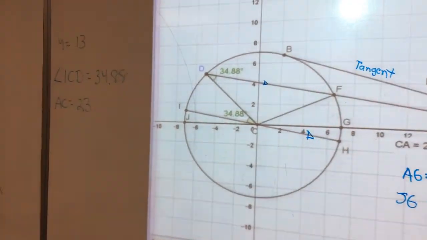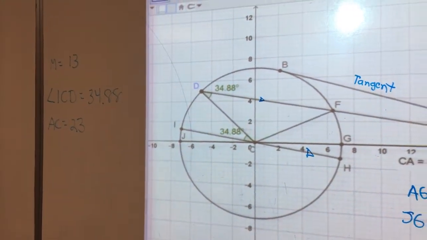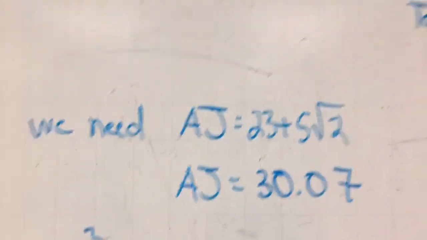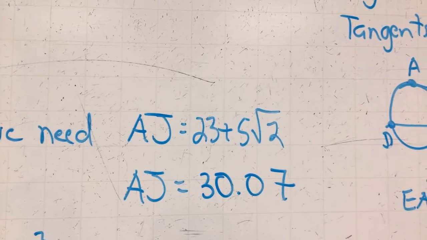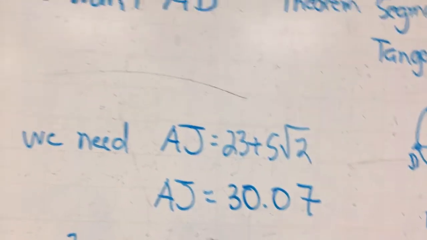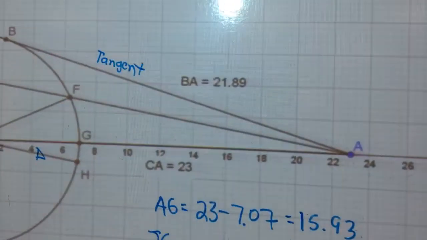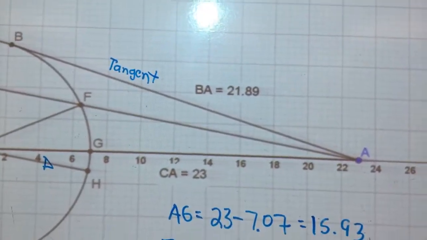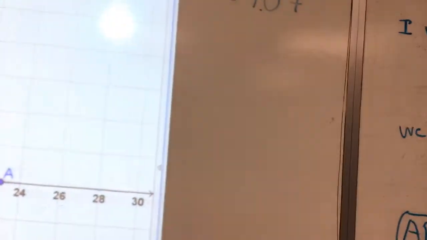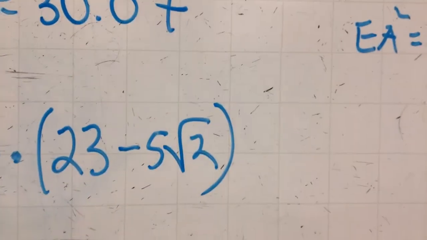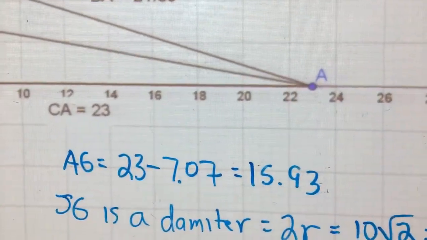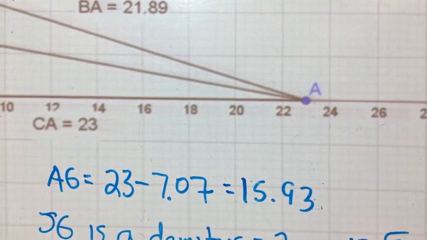So if you take 23 plus 7.07, you get 30.07. AJ is 23 plus 5 root 2, 30.07. That's the length of AJ. Now, what's the length of AG? AG is going to be 23 minus 5 root 2. That's right here, okay? AG, 23 minus 7.07, is 15.93.